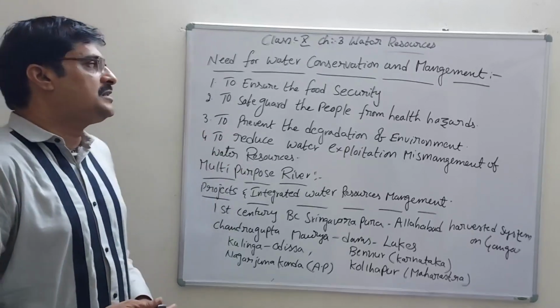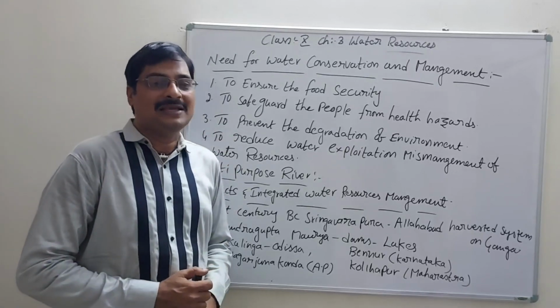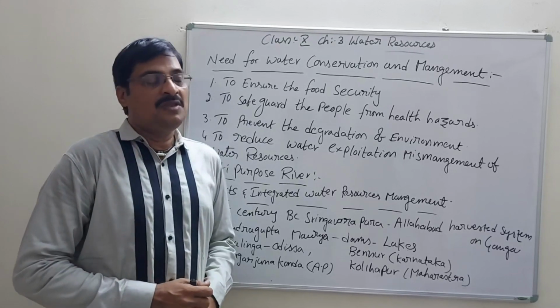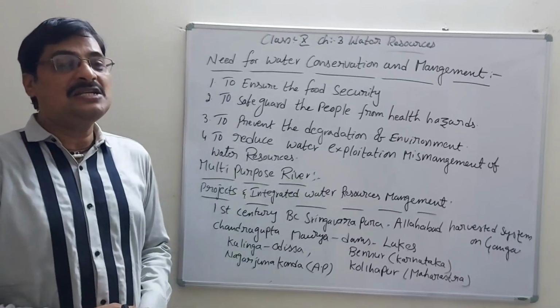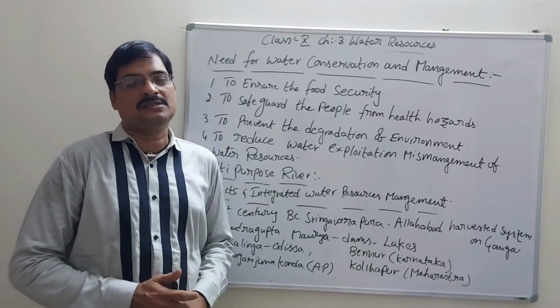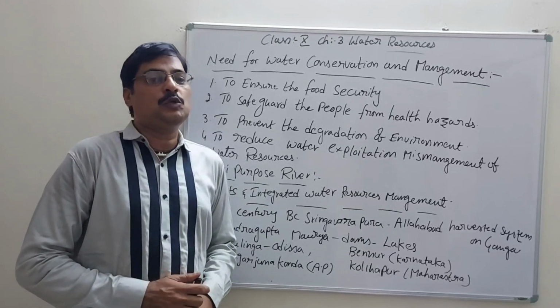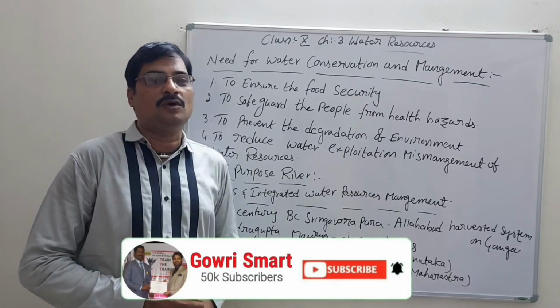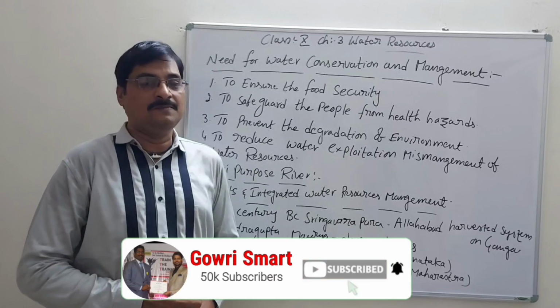The next one is to safeguard the people from health hazards. Yes, we have plenty of water. Doctors have suggested that every day 2 liters or 1.5 liters of water should be taken by a person.